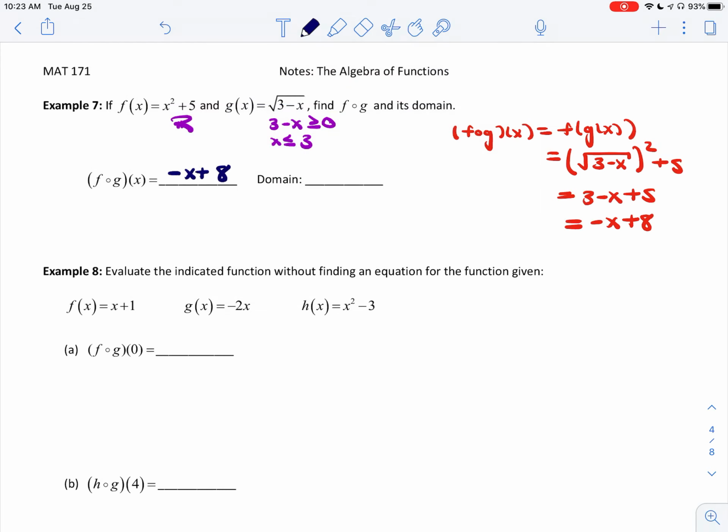All right, and then for the domain, again, we look at two pieces again. So we start with the domain of the inside function, which is our g on this one. So domain of g, which we said was x is less than or equal to 3. We also have to look at the new equation.